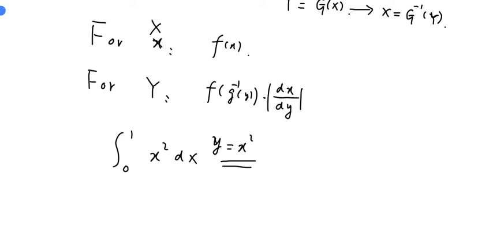Then this x squared becomes y, and we are just changing variables, right? So x from 0 to 1, then y is also from 0 to 1. So then here dx, we need to change, right? We cannot keep dx. We should change dx to dy.